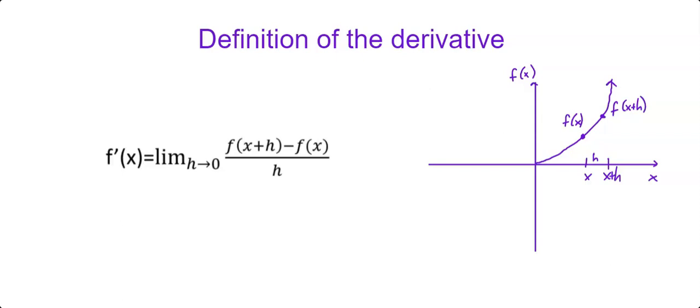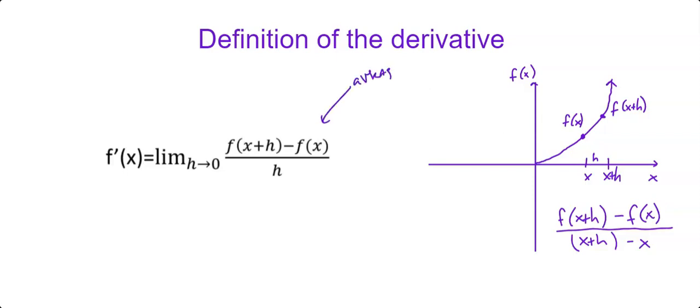If I want to know the average rate of change between these 2 points, I would take the change in y over the change in x. So the change in y is going to be f of x plus h minus f of x, the two y coordinates, and the change in x is going to be x plus h just minus x. So this is the average rate of change.